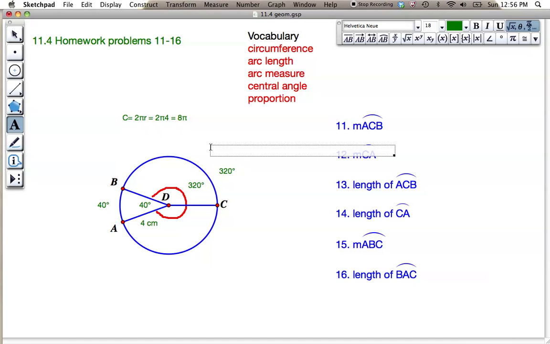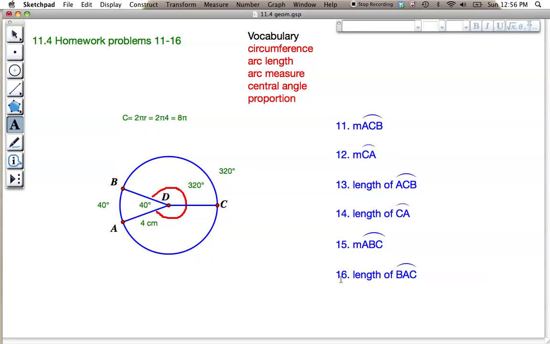But we don't want our total circumference. It doesn't ask for that in this problem. We want the length of arc ACB, and ACB is 320 degrees. Our total circle is 360.